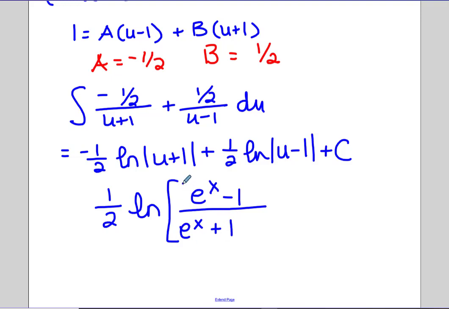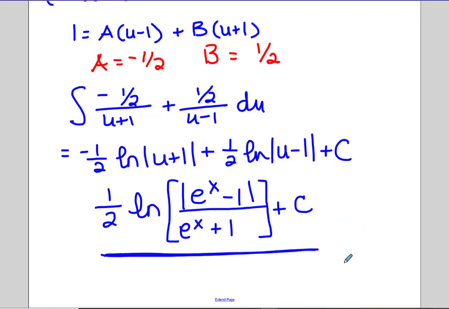This is always positive. That needs absolute value bars. And we are done. Okay, because we know e to the x plus 1 is positive for all x. That's the end of our lesson.